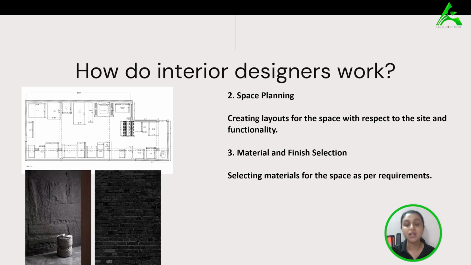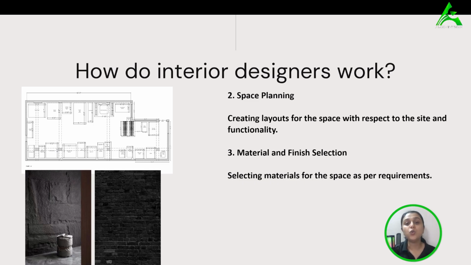For example, the walls might be there, columns and beams might be there, might be windows, and in some cases, if it's a renovation, there is a lot more that is already there on site. So for us, it is important to get the measurements done, to get all the recce of the site done, and then we start with the space planning.